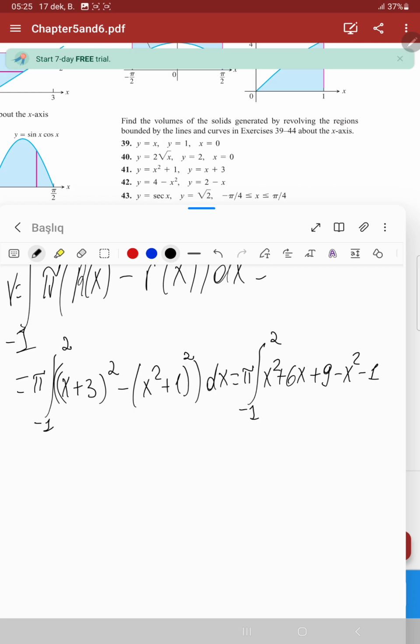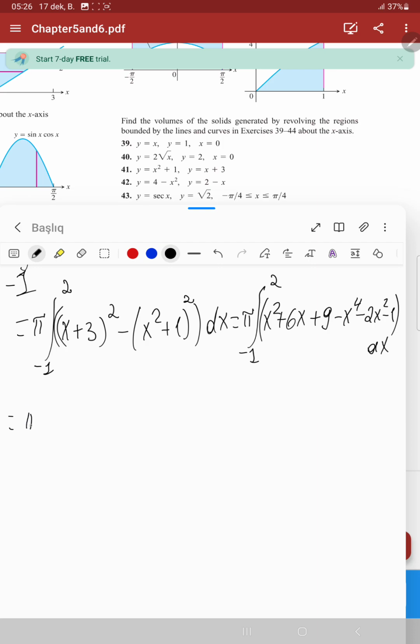dx. Pi times, 2x squared, not x squared, we have 2, let's write x to the power of 4 minus x squared plus 6x plus 8.